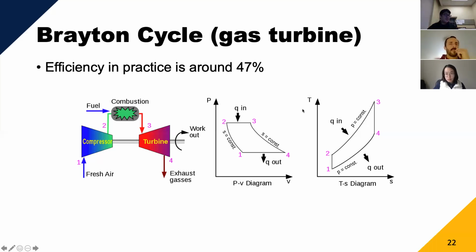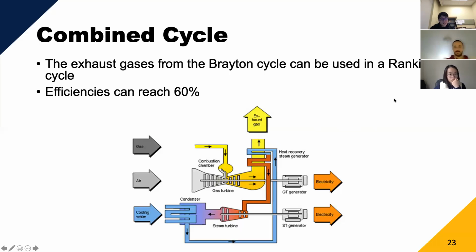Okay. And so one of the interesting features of this is that you get these hot exhaust gases that are still very, very hot out of this turbine. And so what natural gas plants will do to take advantage of this is combine the Brayton and Rankine cycles.